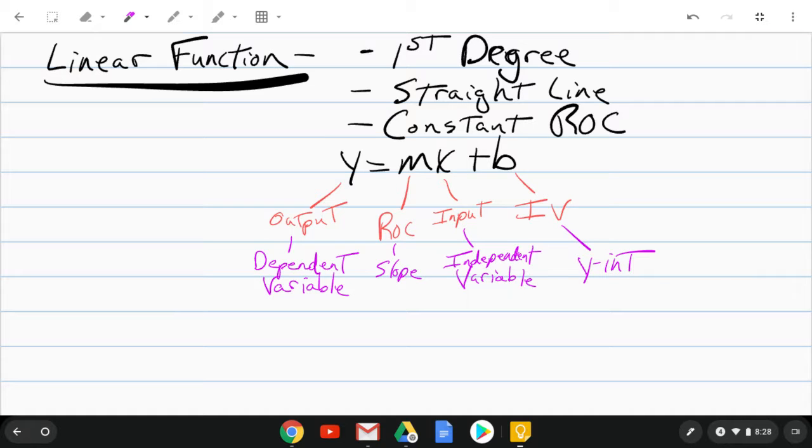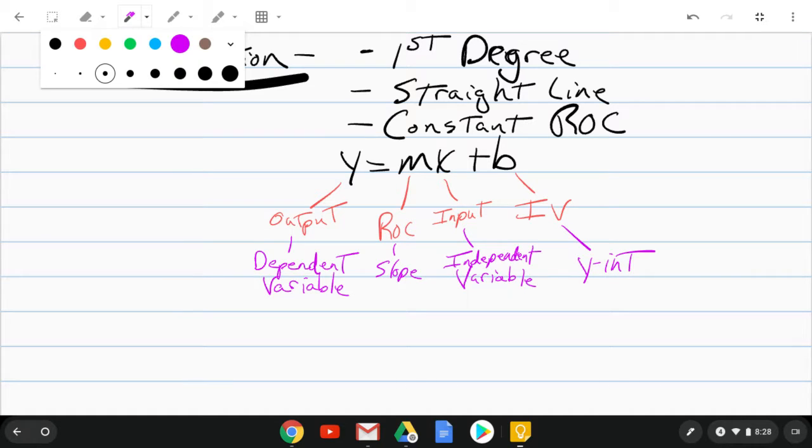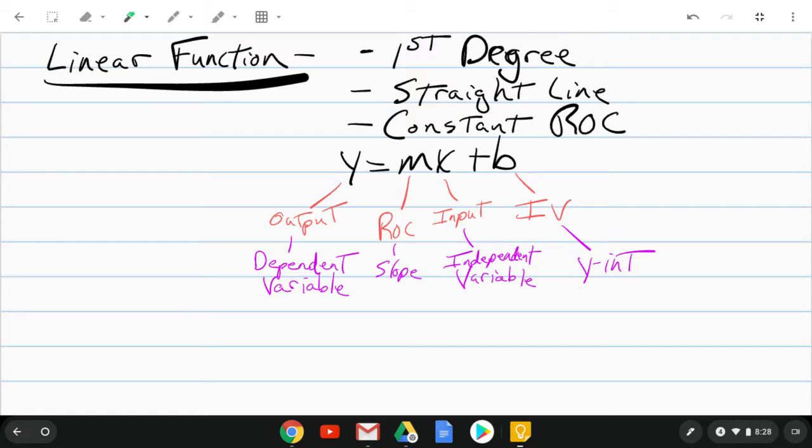Okay, can we give another set of names? Another name for dependent variable? Oh, there it is. Range. Another name for the rate of change? Very good. Rise over run. Another name for input or independent variable?